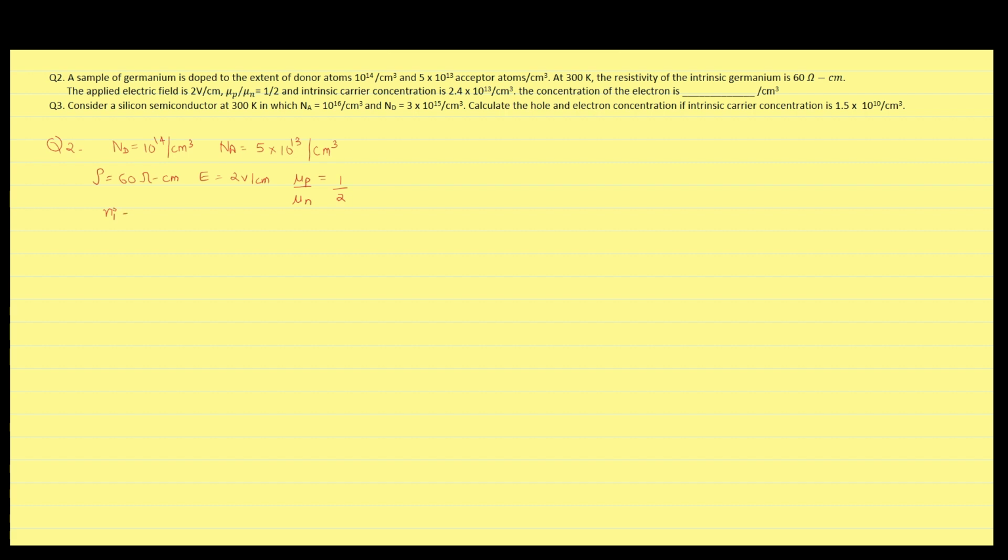Intrinsic carrier concentration is also provided, which is equal to 2.4 into 10 raised to the power 13 per centimeter cube, and the concentration of electron is asked.